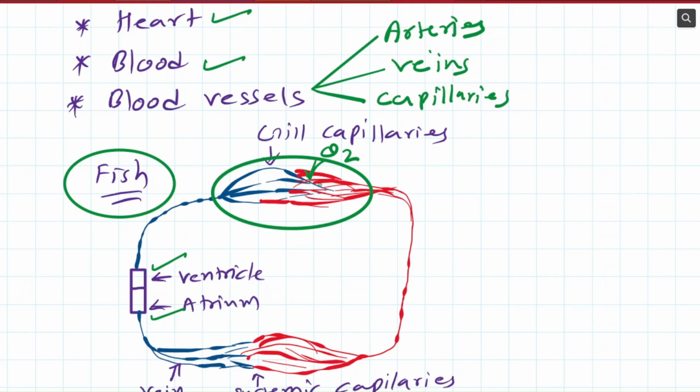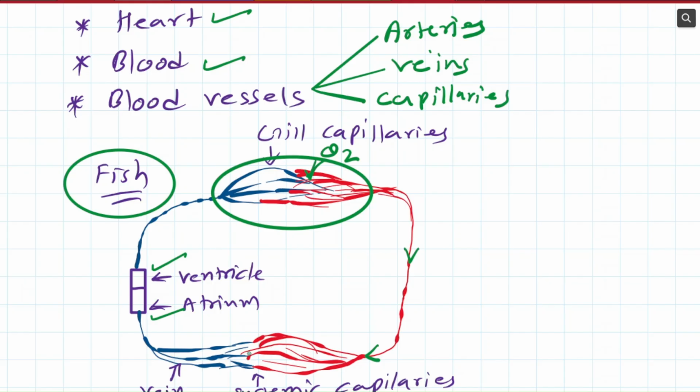So here this blood comes to this gills, then to different part of the body. You can see here, this is the systemic capillaries, which means how the oxygenated blood is reaching to different cells or part of the body.